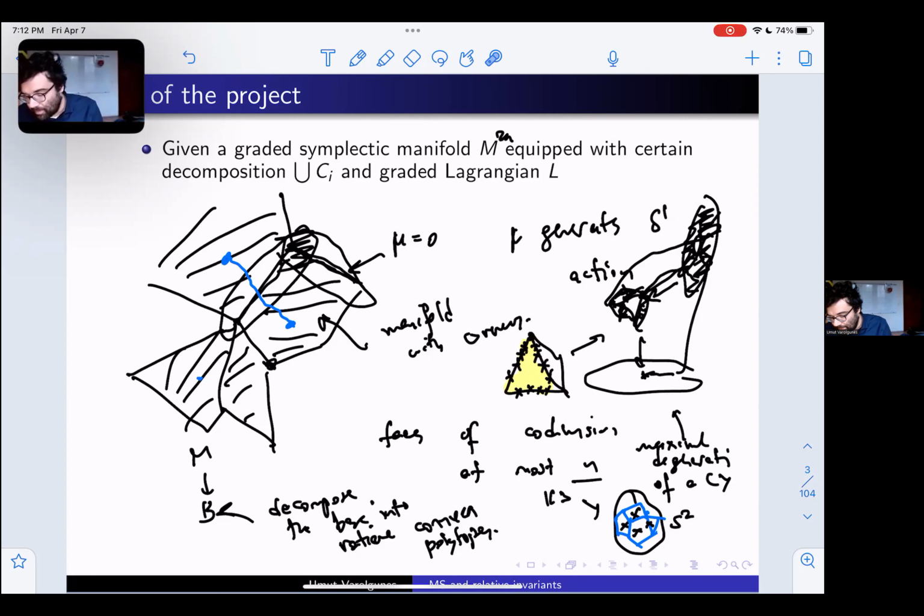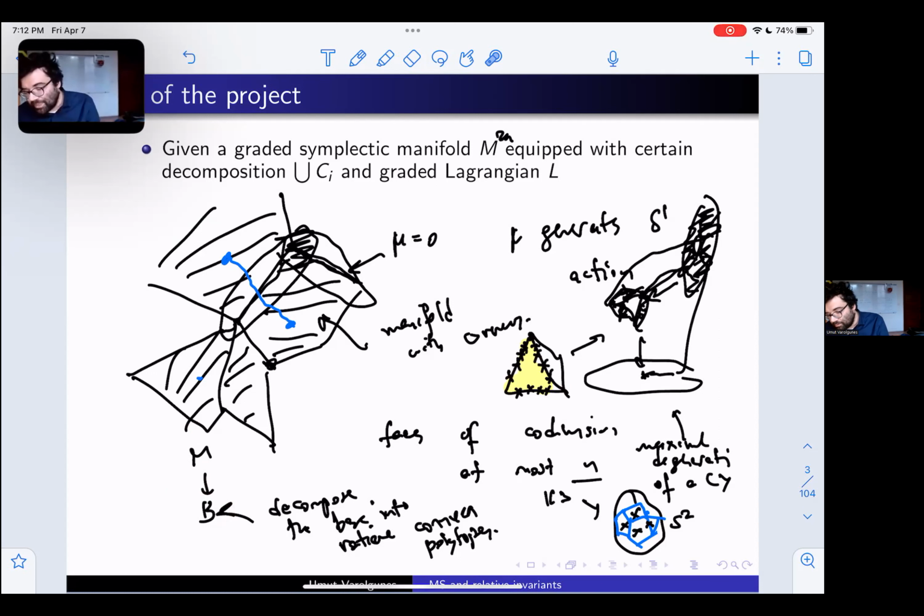In the Lagrangian fibration case, I really have a Lagrangian torus fibration. There's no holomorphic structure, nothing, just a symplectic manifold, a Lagrangian torus fibration, some grading data, and some decomposition of the base. So it's more like the moment polytope picture.